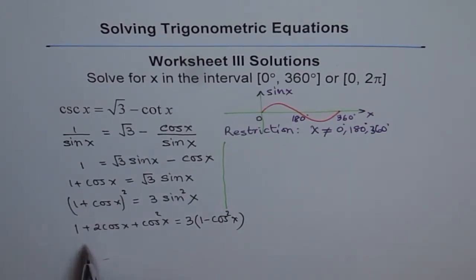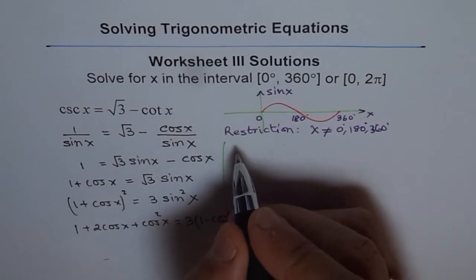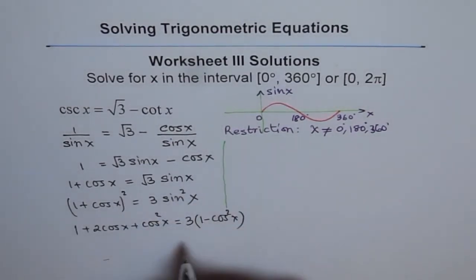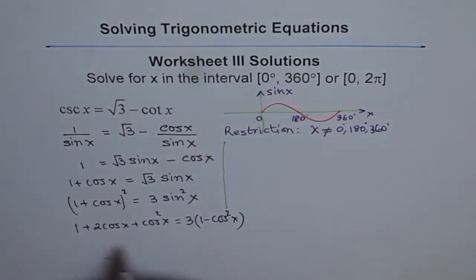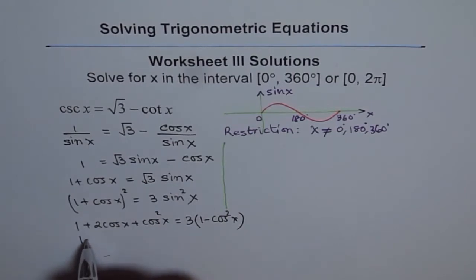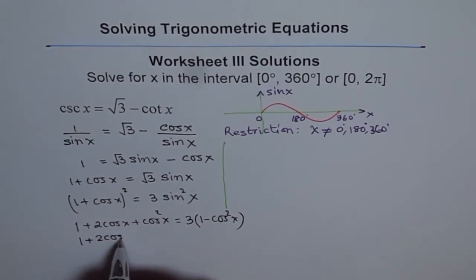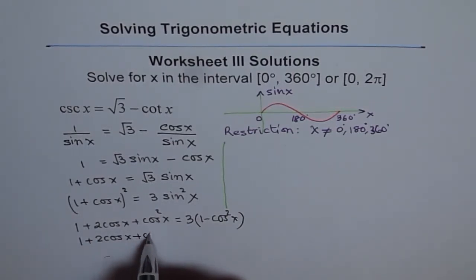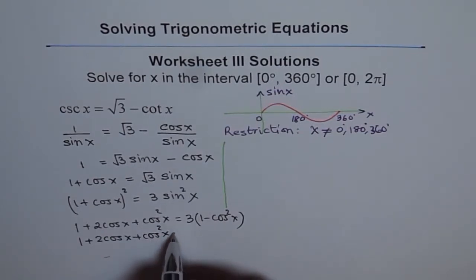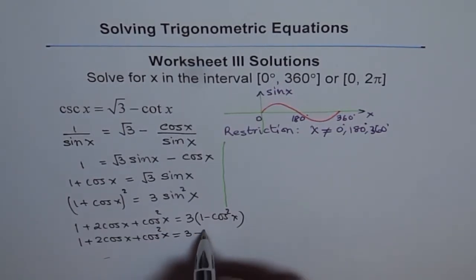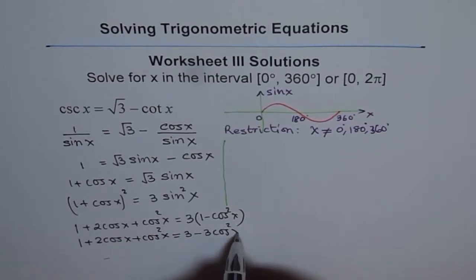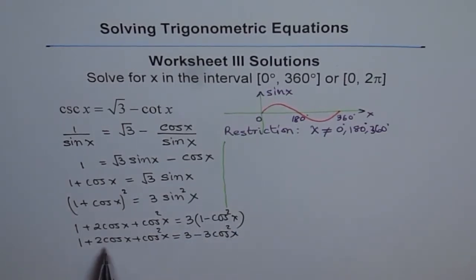So we will first rewrite this. Let me rewrite it here, and then we'll take all the terms to one side, right? 1 plus 2 cos x plus cos square x plus 3 minus 3 cos square x, okay? So we'll bring these terms on the left side.